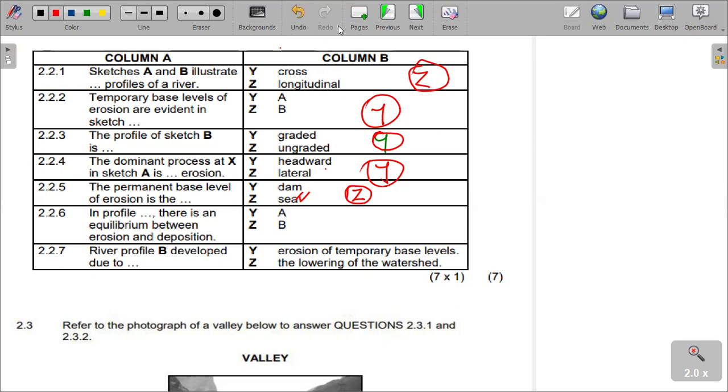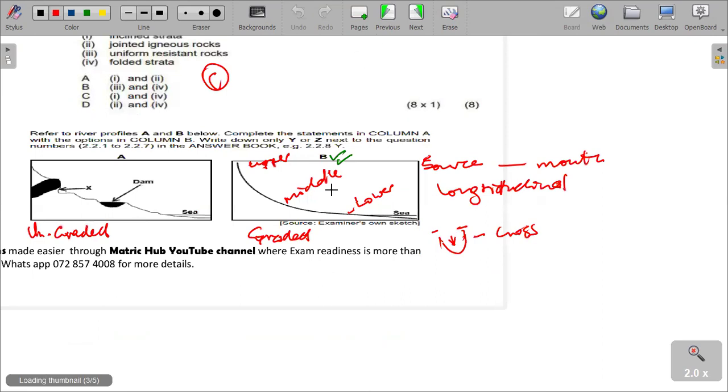In profile dash, there is an equilibrium between erosion and deposition. I said equilibrium, we are saying there is a balance between erosion and deposition, which is shown when a river profile is very smooth. So the balance can be seen in profile B, where there is a smooth concave profile.